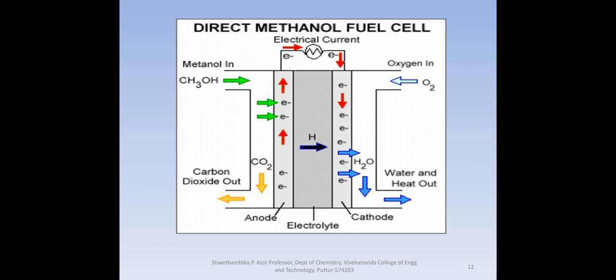The electrolyte taken is H2SO4 represented as H plus present in the middle, and the product, another product at the cathode surface is water, which is taken out towards the right side, that is cathode, shown by blue arrow-headed mark. Similarly, supply of the oxidant at the cathode is also shown at the right top portion. So altogether this particular figure shows us the electrochemical reaction happening in a fuel cell.